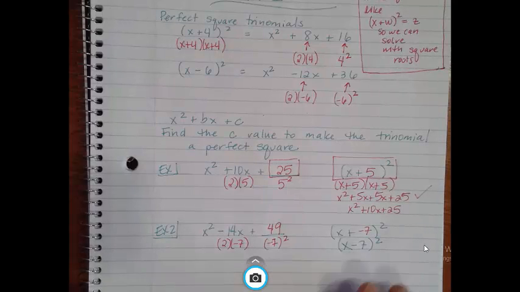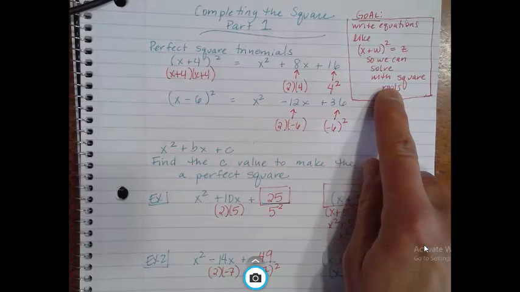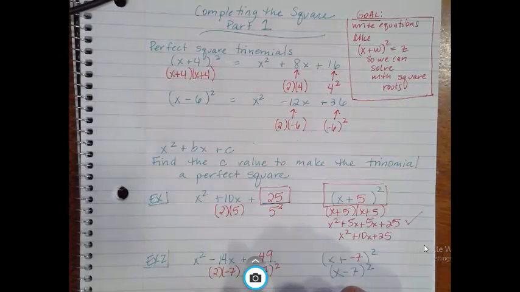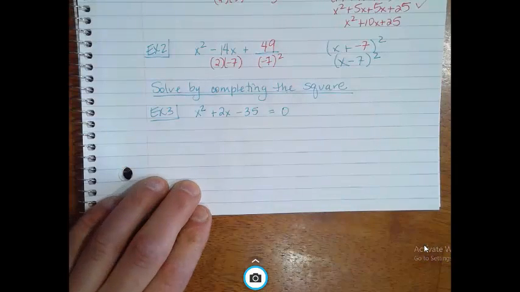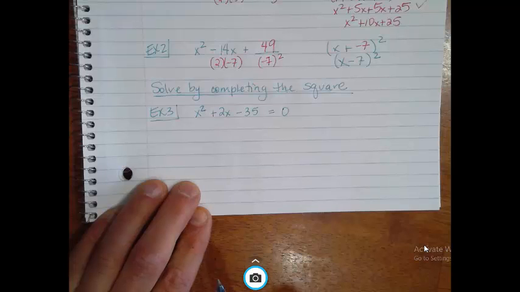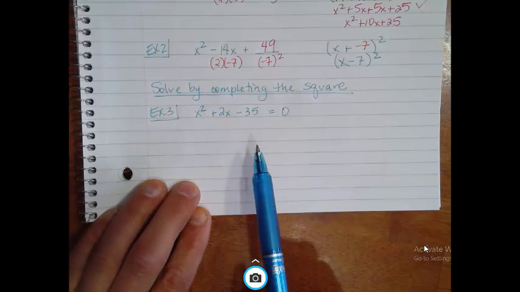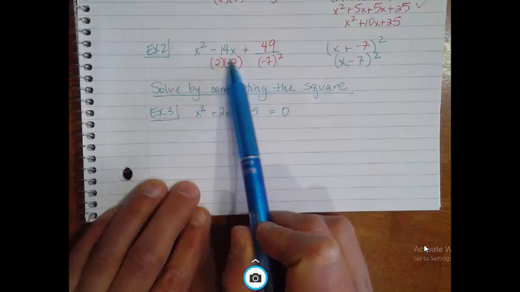Okay, so what's the point of being able to do all this? We want to be able to solve, remember our goal, we want to be able to write an equation like this so that we can then solve by taking a square root. Okay, now I could solve this by factoring, but we're going to try solving by completing the square. The first thing I want to do is sort of mimic what we did up here.